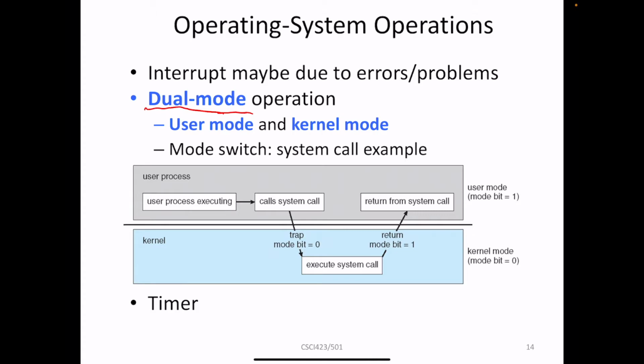Beyond that, if the user wants to do other operations which can potentially damage the system, they must send an operation request to the kernel. Then the system mode will switch from user mode to kernel mode, and the kernel will further check whether this operation request is harmful to the system or not. If not, the kernel will do the operation on the user's behalf and return the result back to the user mode. Otherwise, the kernel will simply terminate the operation and send an error message back to the user.